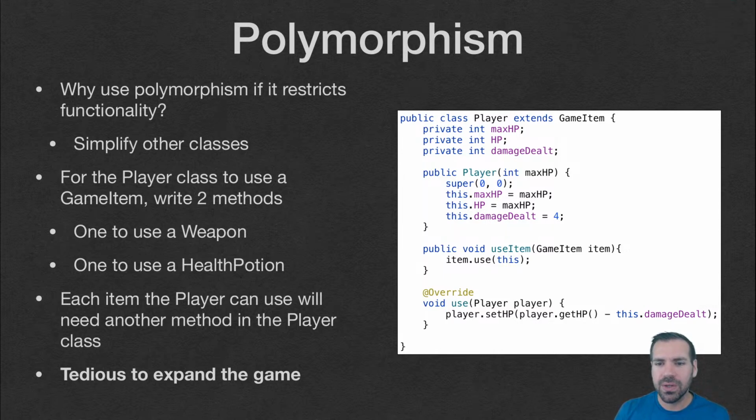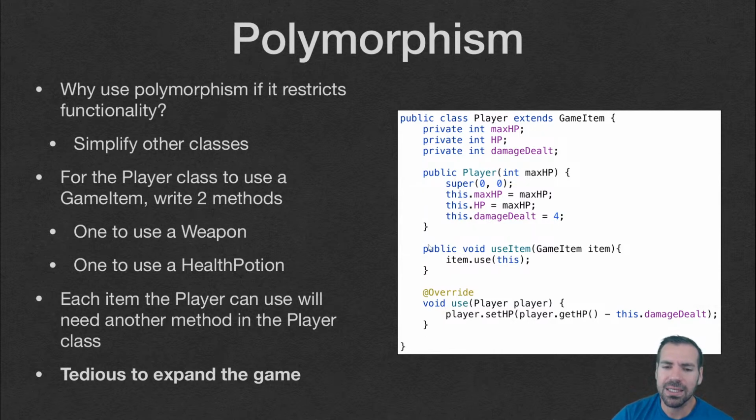Where you will do this, where you will store objects of one type in variables of another type, is when the assignment is across a method call, when it's across stack frames. That's where this really becomes useful. So we want to simplify other classes. In the Player class, I want this useItem method. If we don't have this useItem method, I have weapons and health potions, and I'm going to need two separate methods for them.